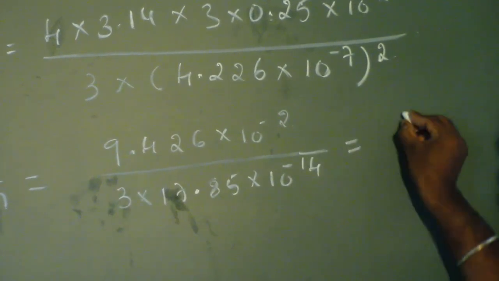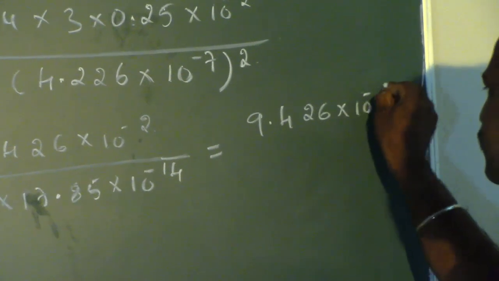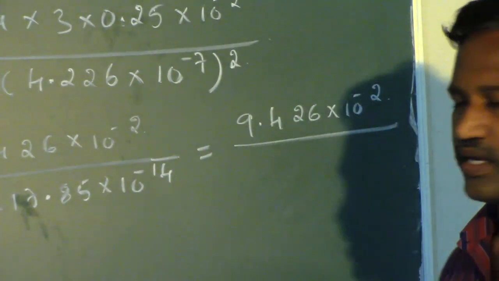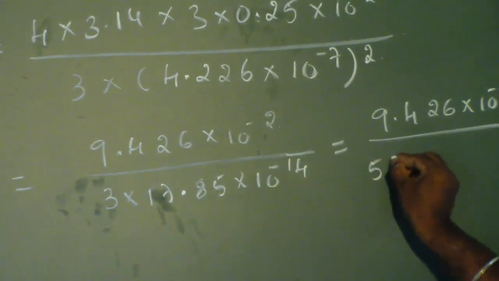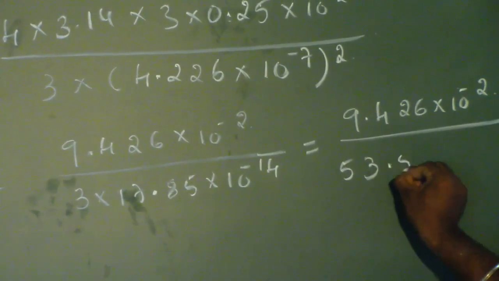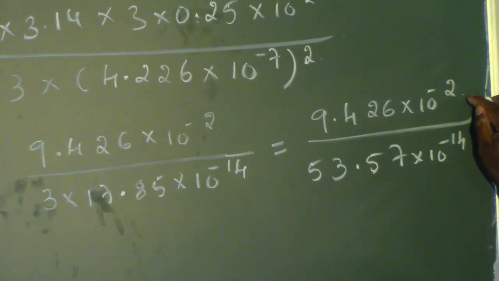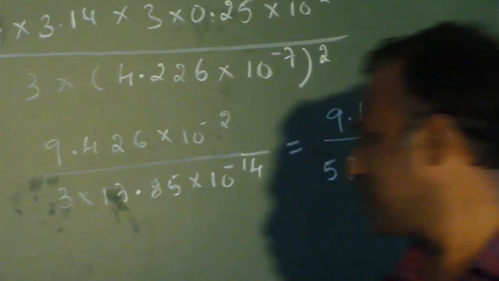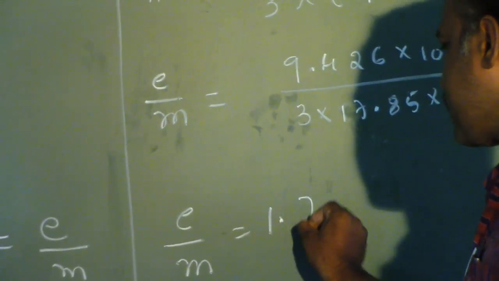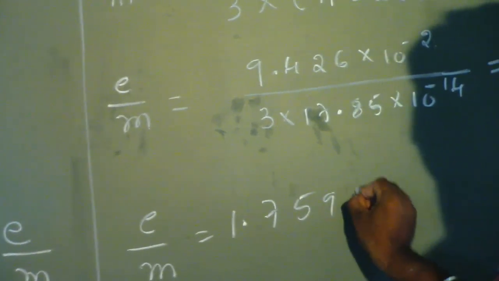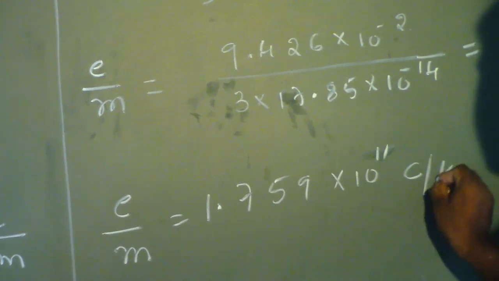The numerator remains the same, 9.426 into 10 to the power of minus 2, divided by, if I multiply 3 into 17.85, around 53.57 into 10 to the power of minus 14. Now if I divide the numerator by the denominator, the value of e/m will be around 1.759 into 10 to the power of plus 11 coulomb per kg.